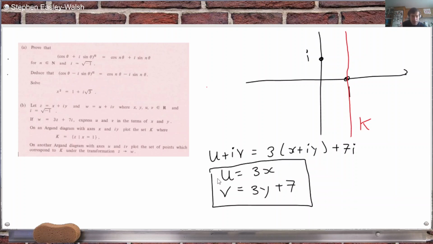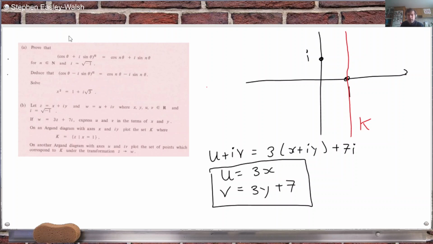And then we want to transform this k. Doesn't look too bad. We would make this 3 times bigger and then add 7i to it. I'm not sure actually if the graph would change that much.